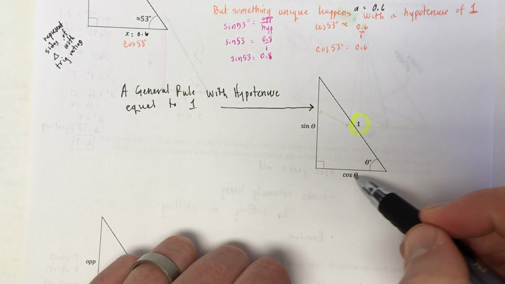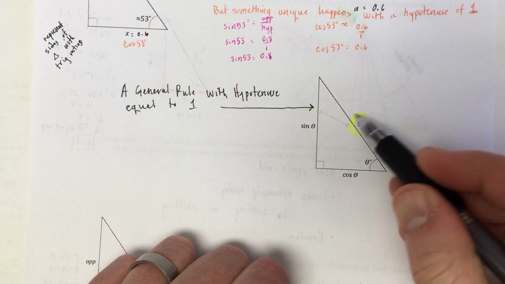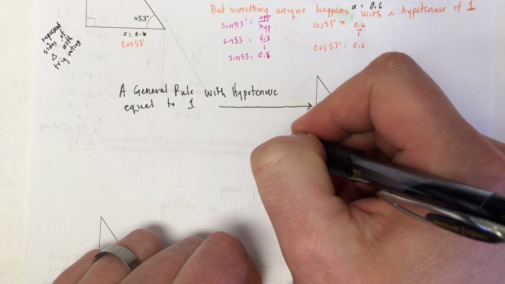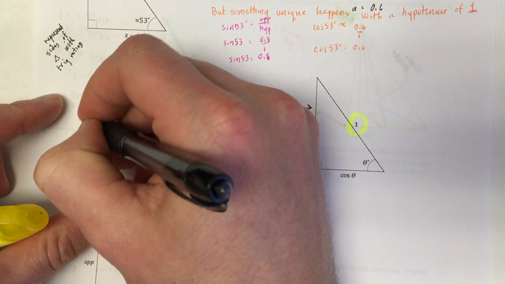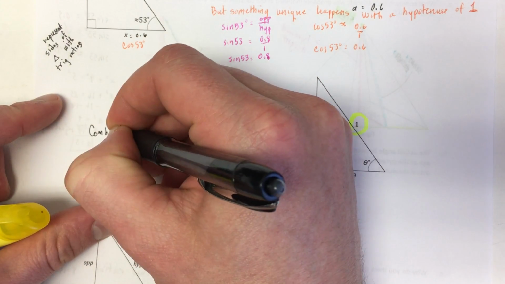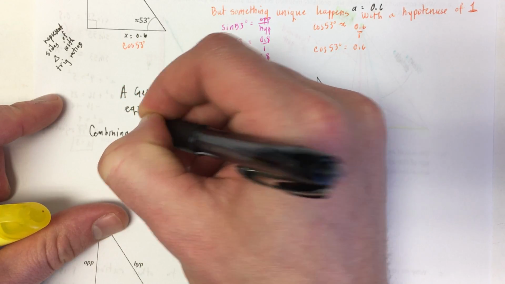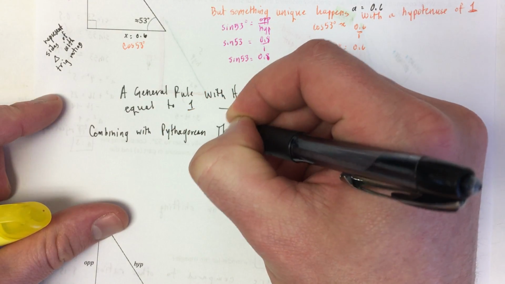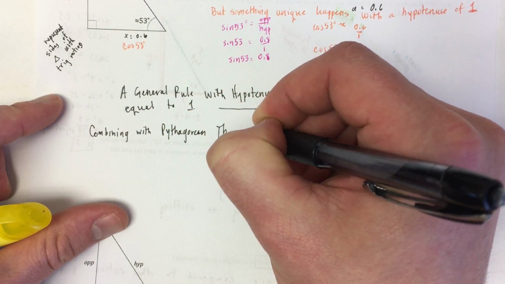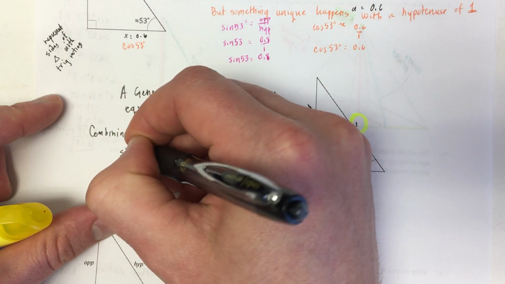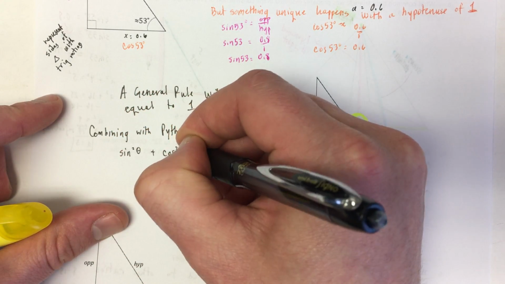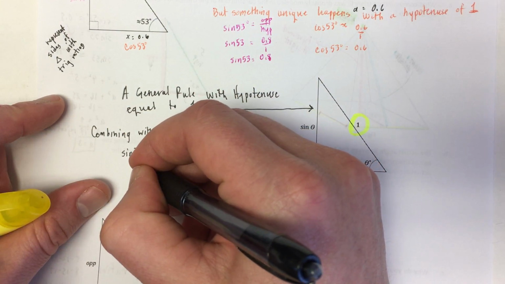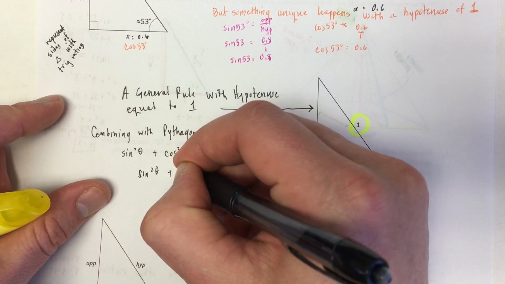The side adjacent to theta is cosine theta, as long as the hypotenuse is 1. I'm going to keep repeating how important that is. And so we can almost generalize using the Pythagorean theorem. So combining with the Pythagorean theorem, all of a sudden now we have sine squared theta plus cosine squared theta equaling 1 squared. And so what we come up with is an identity.